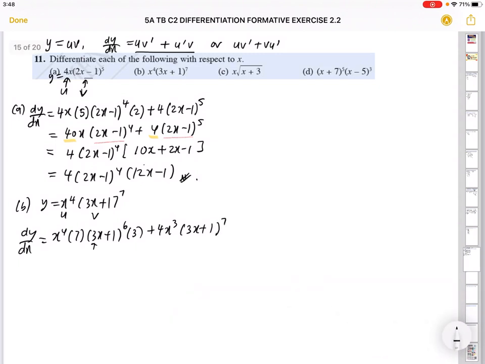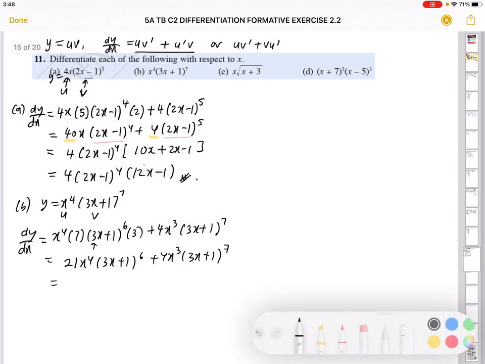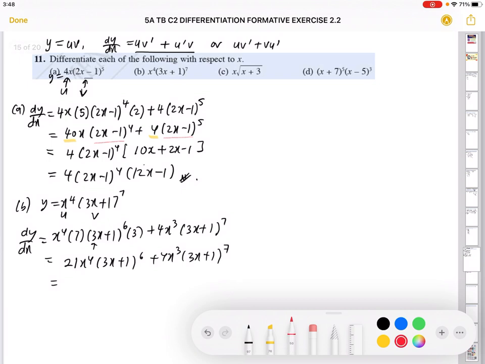Okay, from here, I need to take out the common factor. Again, I like to multiply first. 7 times 3 is 21, x power 4, (3x plus 1) power 6, plus 4x power 3, (3x plus 1) power 7. So I have 2 common factors in fact. So always take out, let's say, bracket power 6 and power 7.